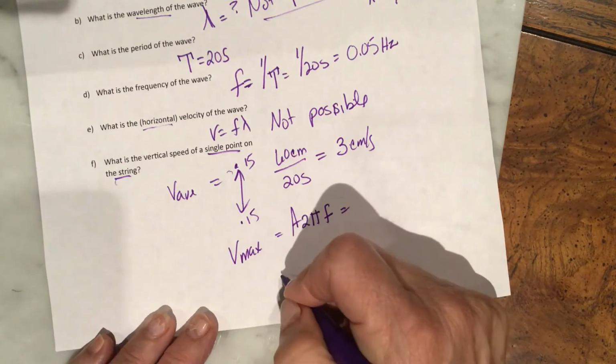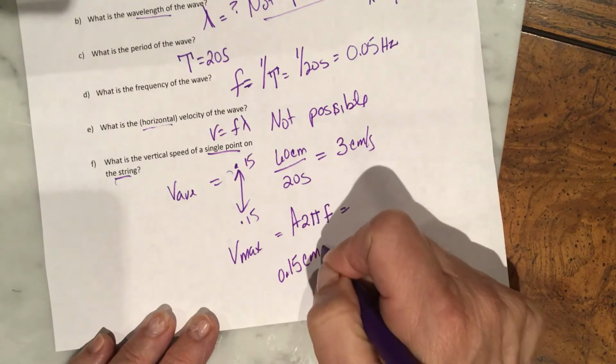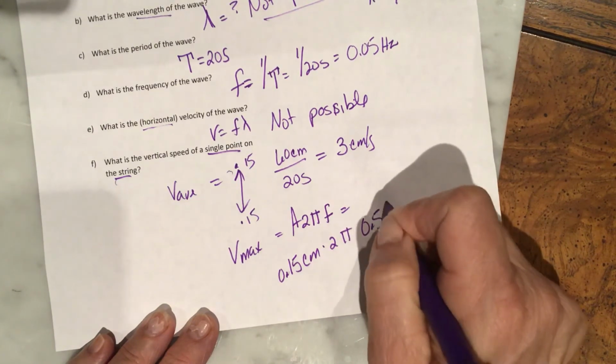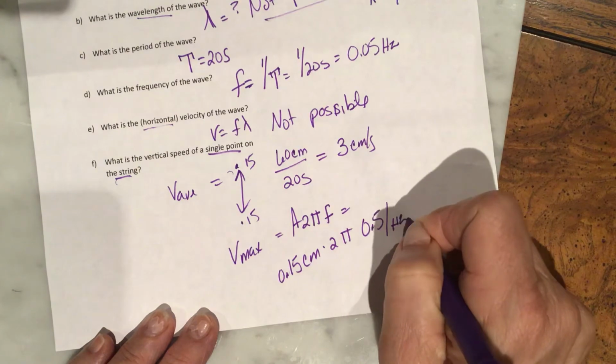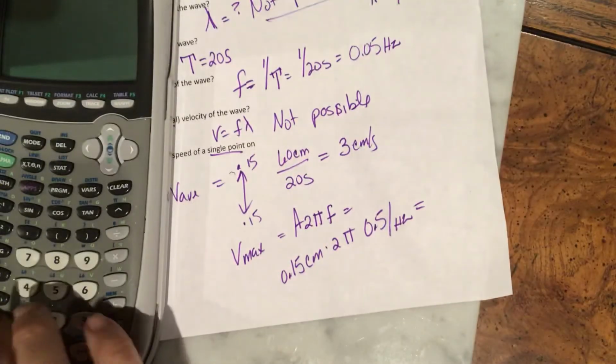And so what do we get? We get 0.15 centimeters times 2 times pi times 0.5 hertz, and we get a maximum velocity.